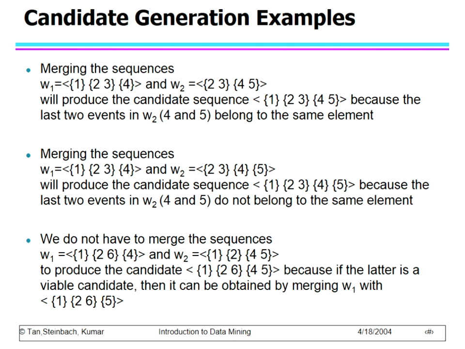For example, if we have W1 equal 1, 2, 3, 4 and W2 equal 2, 3, 4, 5 and we want to merge these sequences, the result will be 1, 2, 3, 4, 5, because the last two events in W2, 4 and 5, belong to the same element.